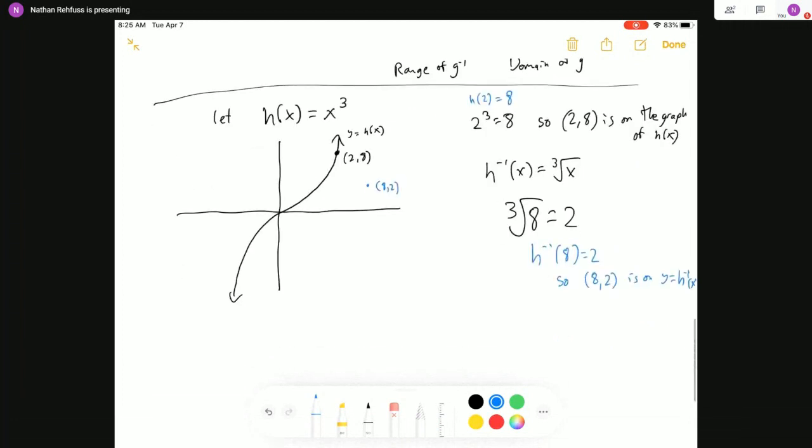And as a matter of fact, if I say h of x equals y, that's the same as saying that x, y is on the graph y equals h of x.